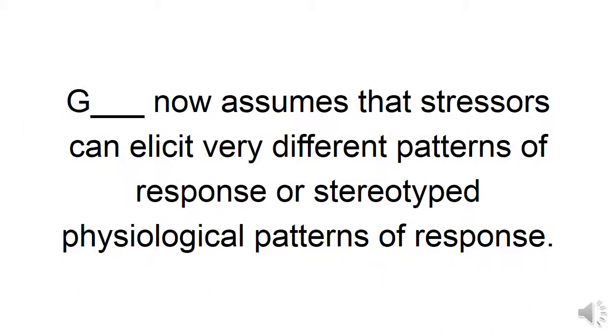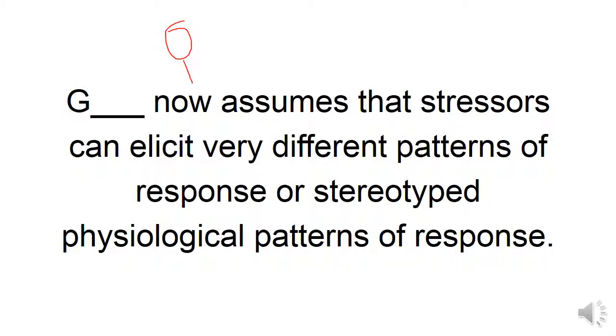T blank now assumes that stressors can elicit very different patterns of response, or stereotyped physiological patterns of response. When I say very different patterns of response, I mean relative to males and females.